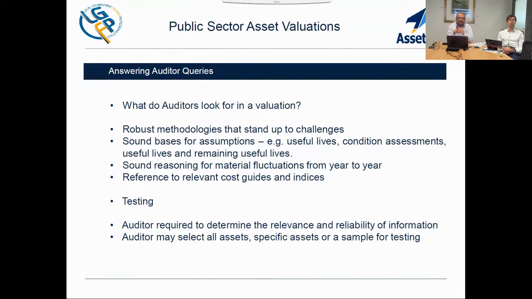So pretty straightforward, really. Essentially, the auditor needs to provide reasonable assurance that the valuation is correct. They're not looking for absolute assurance.